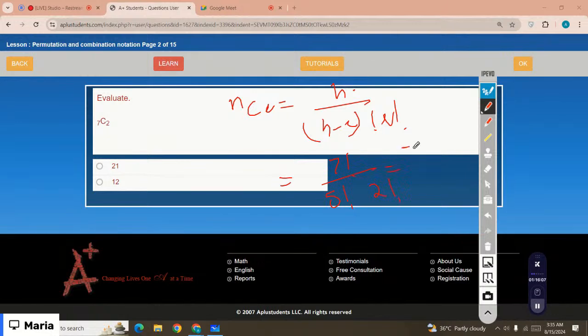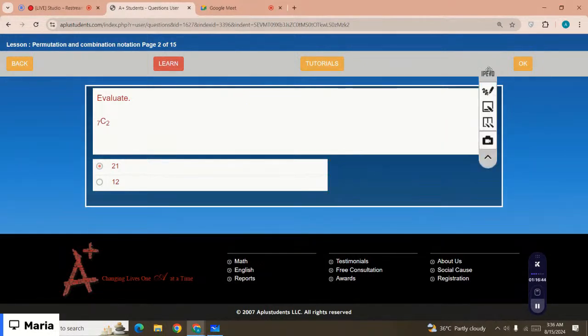So you have to do 7, 6, 5 factorial, divided by 5 factorial times 2 factorial. 2 times 1 is 2, and 7 times 3 is 21. The correct option is 21. Option number 1 is the correct option.